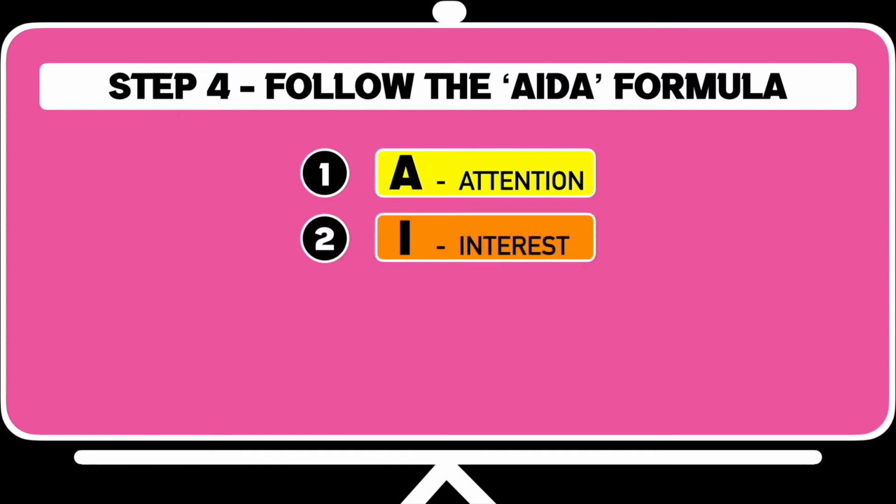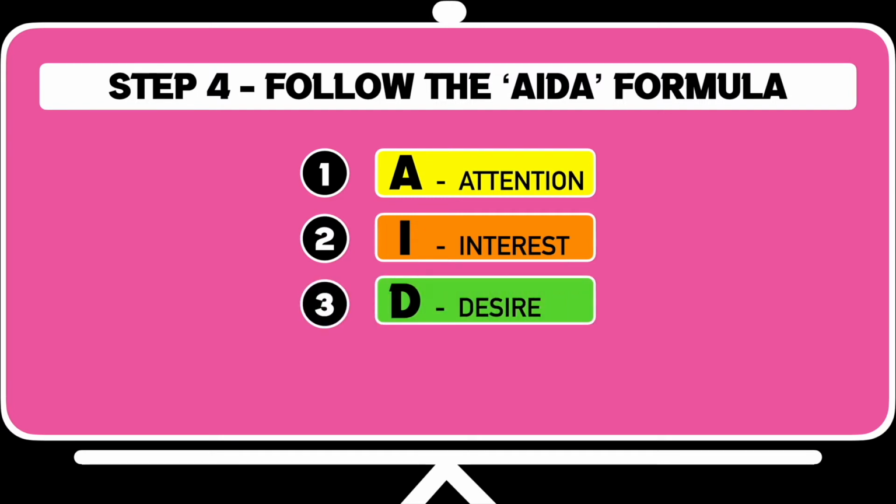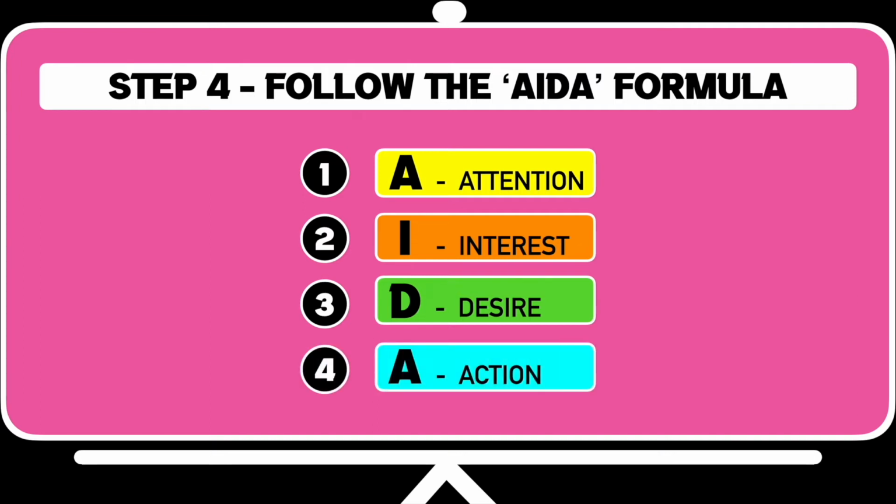I stands for creating an interest in the customer's mind for your service or product. The D talks about igniting a desire for your product where the customer wants your product to the exclusion of everything else. And the last one, A, talks about spurring the customer into taking some sort of action towards buying or availing of your service or product.